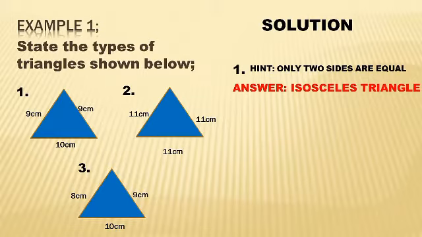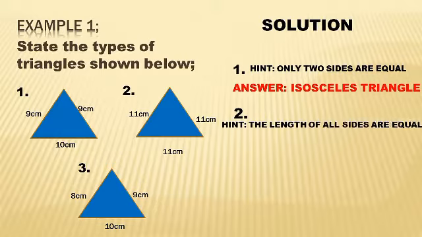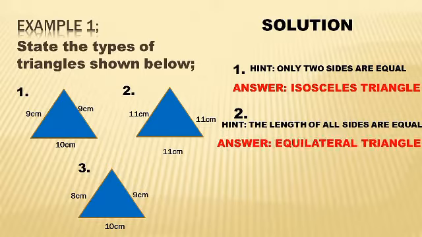Number 2, all the sides are equal. I know you are already whispering it. If all the sides of a triangle are equal, it therefore means that triangle is an equilateral triangle.